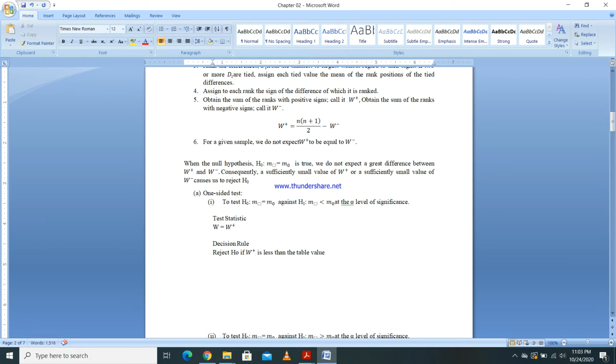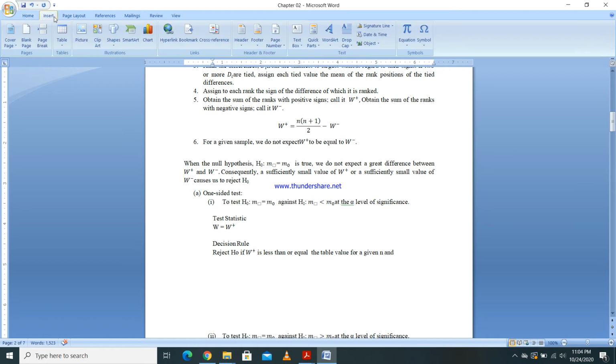We are going to reject H naught at alpha level of significance if the observed value of our test statistic, W plus, is less than or equal to the table value of W, even if it is equal you have to reject, for a given sample size, that is for a given n, and for a given alpha value.